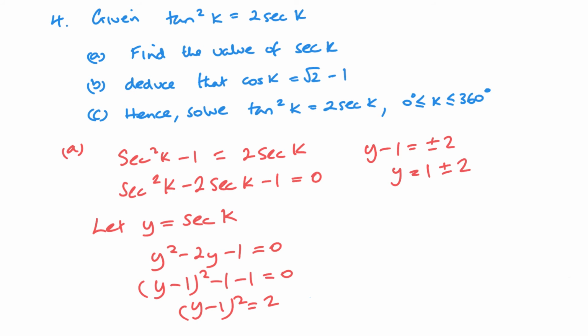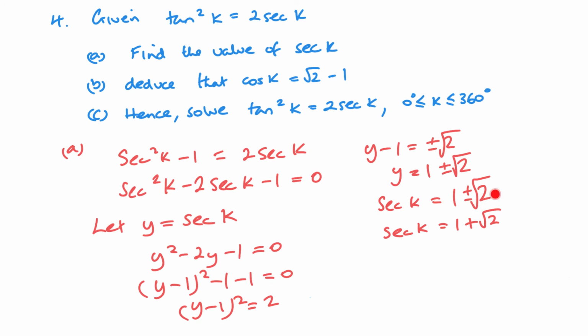And since y is sec k, sec k equals 1 plus or minus root 2. And then I would say that sec k is equal to 1 plus root 2, because 1 minus root 2 is negative.